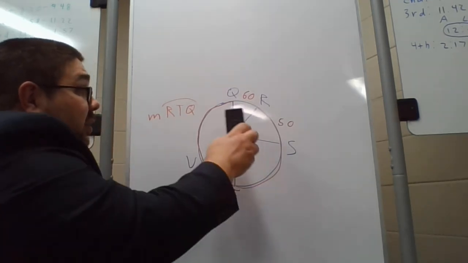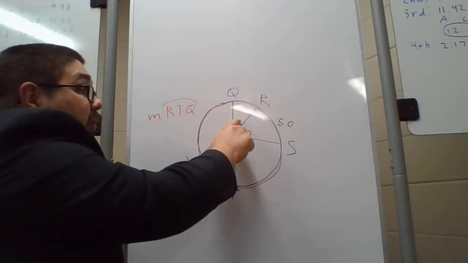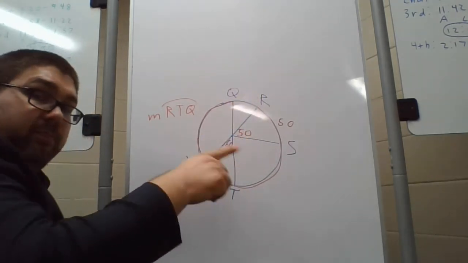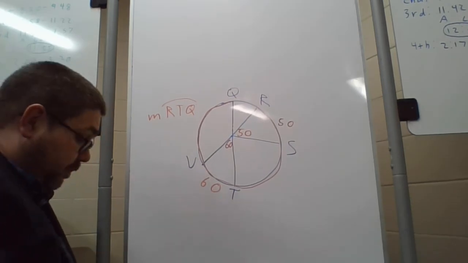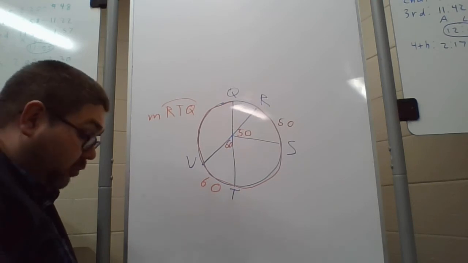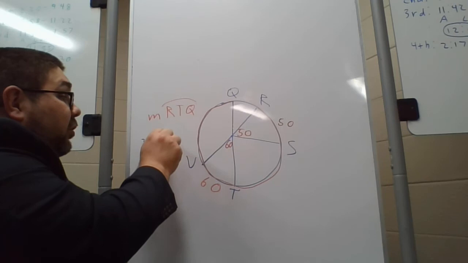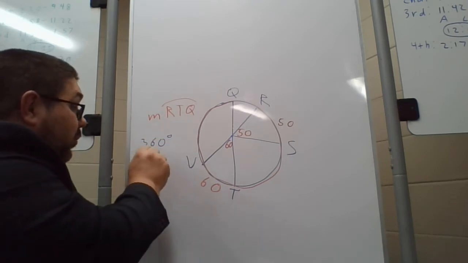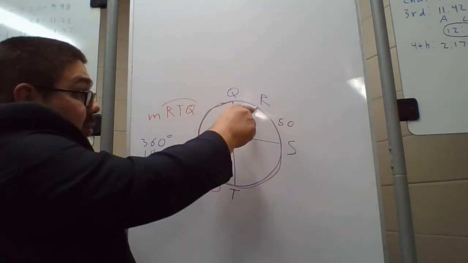Okay. Let's say we don't know how to do that. We don't know this part. We don't know about the vertical angles. Well, how many degrees are in a circle? 360. How many degrees are in a half circle? What's half of 360? 180. 180 is half of 360.